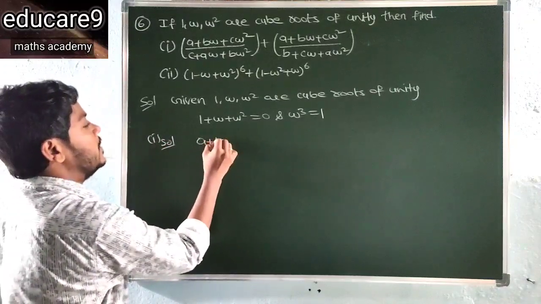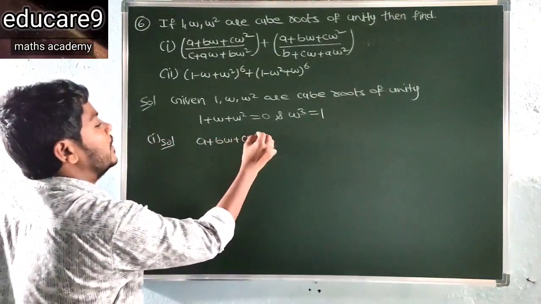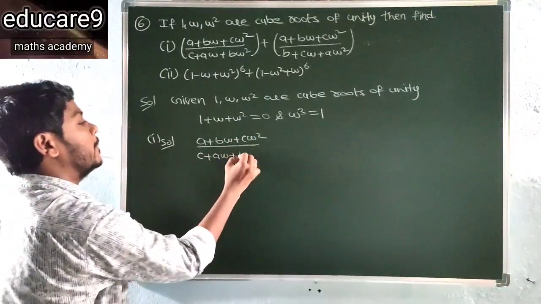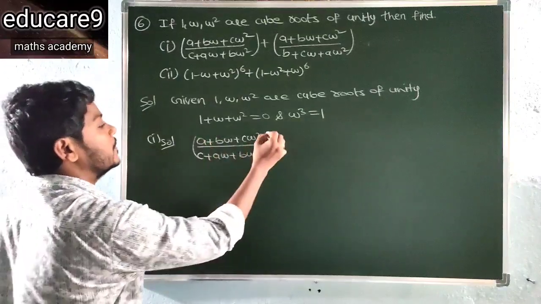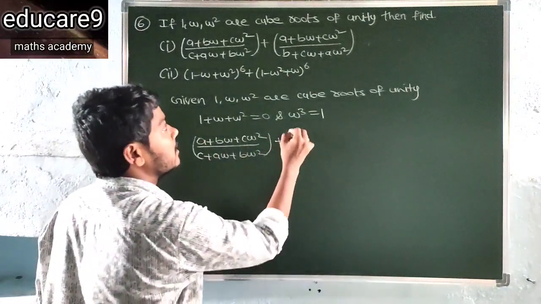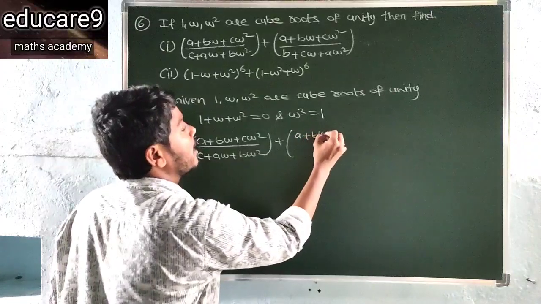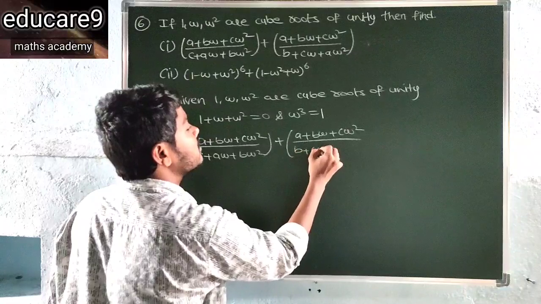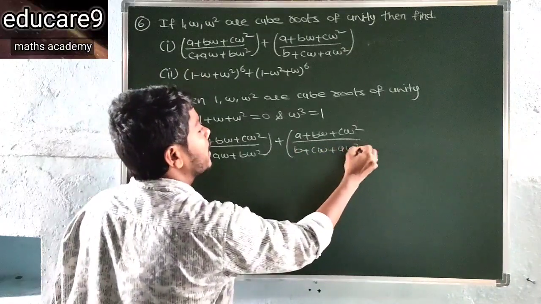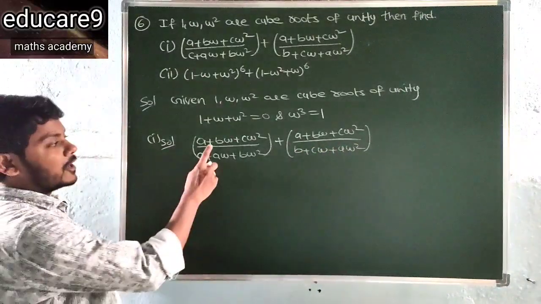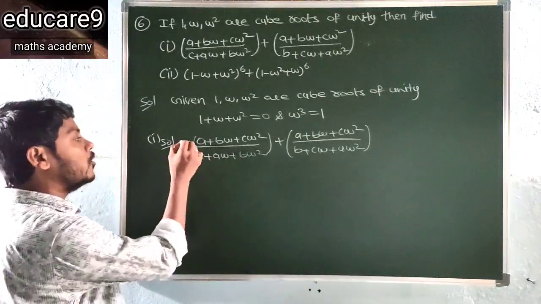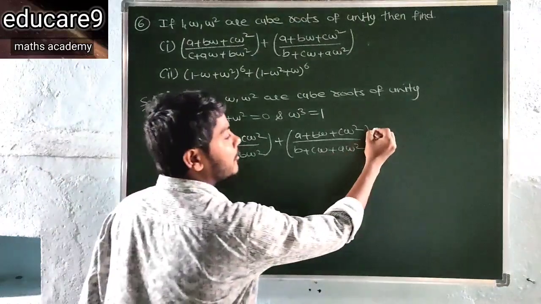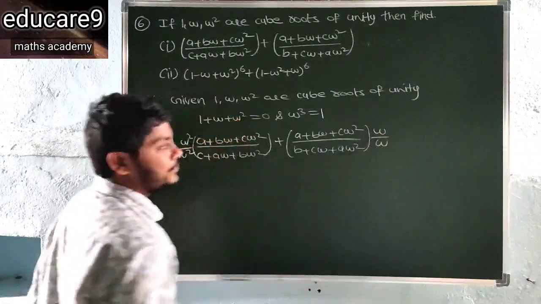a plus b omega plus c omega square divided by c plus a omega plus b omega square, and plus a plus b omega plus c omega square divided by b plus c omega plus a omega square. So see here, for first term multiply and divide by omega square. For second term multiply and divide by omega.